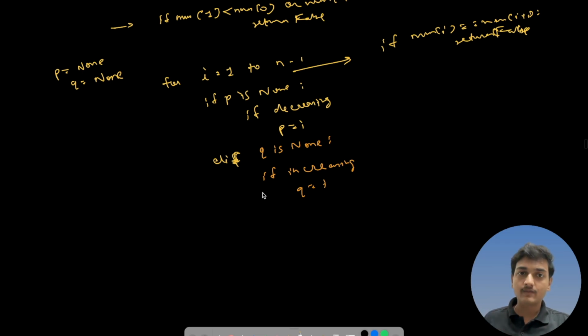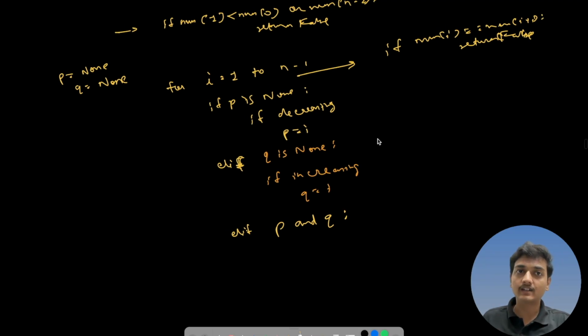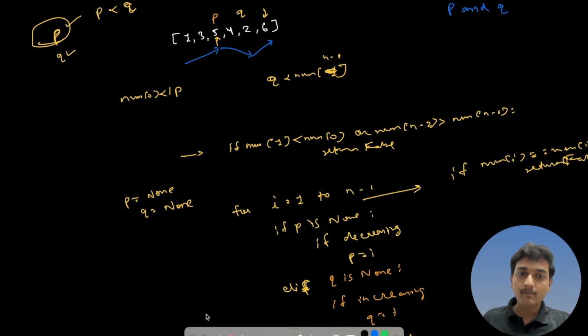Super. Now what is the next thing I need to do? I need to check for one more case. So what is that case? Else if P and Q. Okay, what does that mean? If P and Q are both assigned, or I can say that if Q is not none, I can do like that also. That's not a problem. If P is defined here, Q is defined here, what I need to check?